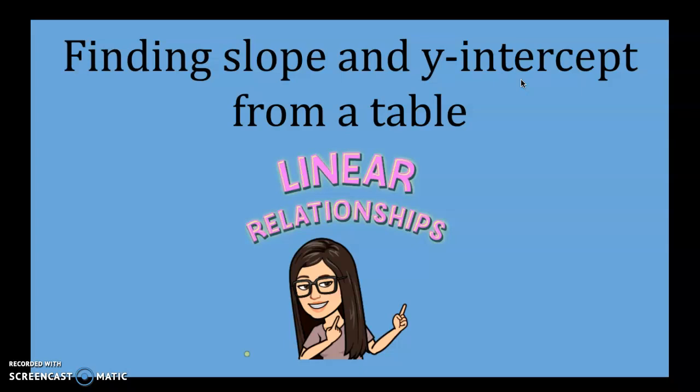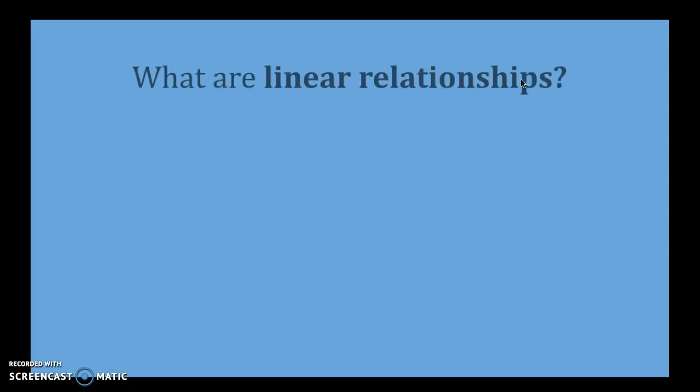And hopefully you're thinking linear relationships. Think about that word line that's in linear. So it's things that make a straight line graph. We're going to be talking about those linear relationships and specifically finding the slope of one and the y-intercept. Today, at least in this video, we're going to look at tables.